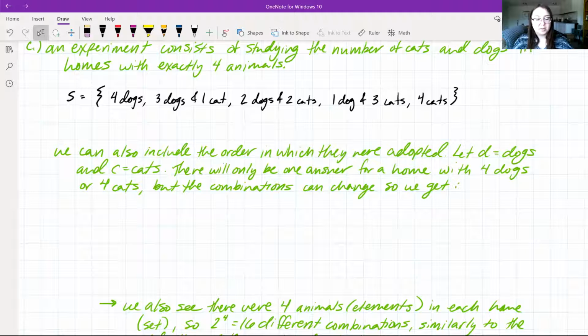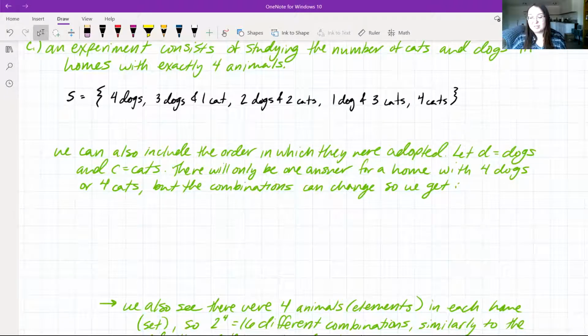But in the case we have 3 dogs and 1 cat, there's going to be different combinations in order of adoption. So let's say maybe you adopted the cat first, and then you adopted a dog, and then another dog, and another dog. Maybe the cat was last, maybe the cat was second or third. So we have to take into consideration all these different combinations if we're thinking about the order.